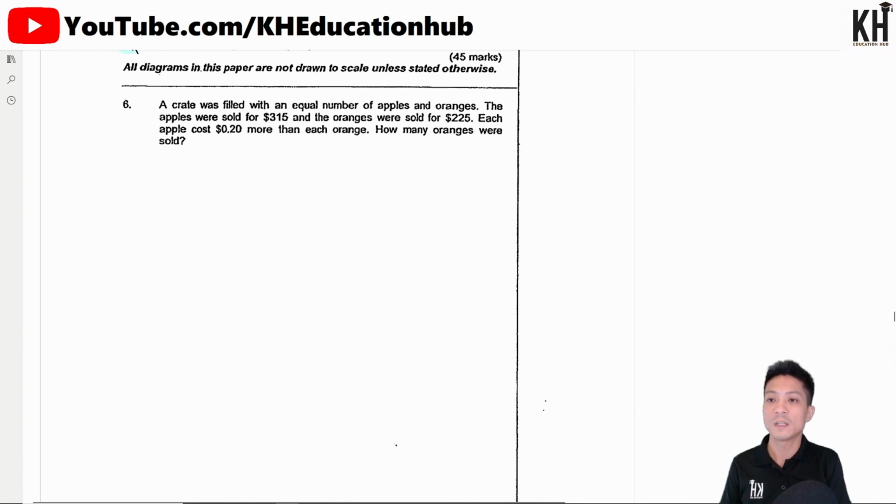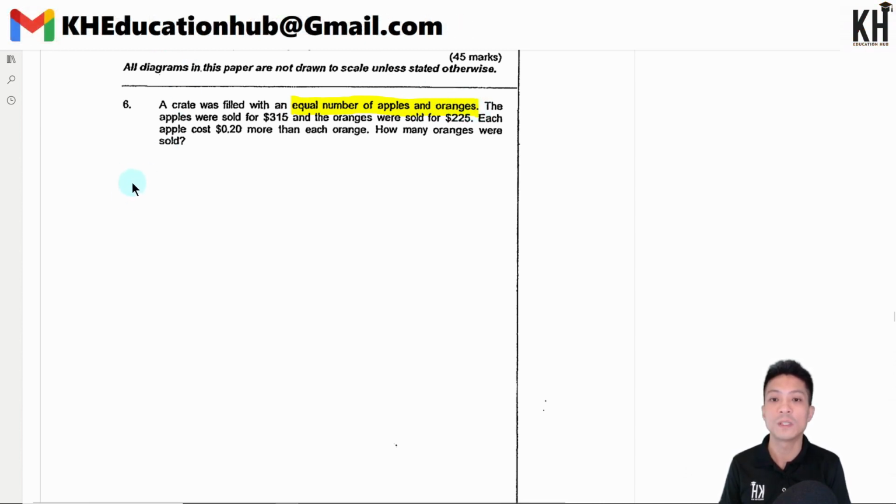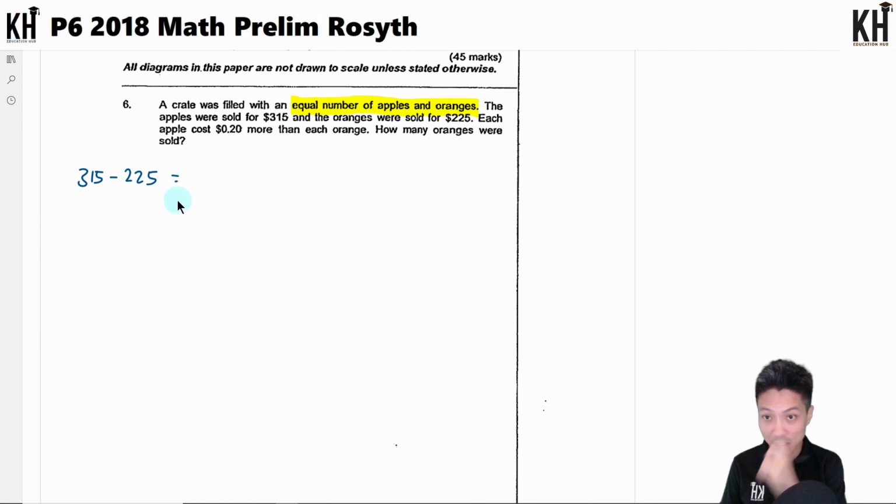Okay, so for this kind of question, remember the key thing is filled with an equal number of apples and oranges. Okay, so what you need to do is first you need to use 315 minus 235, okay, to find the difference. The 315 minus 235 will give you $80.